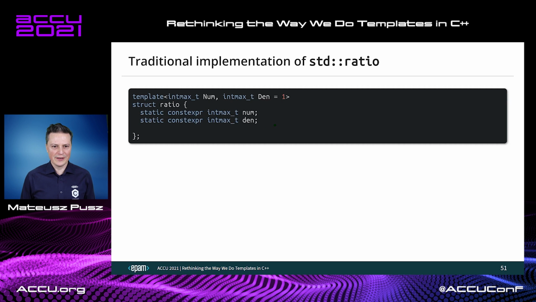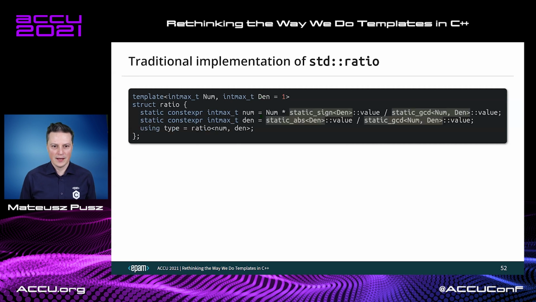However, they are not exposed directly, because you want to make sure that, for example, ratio of 1 and 2 is the same as ratio of 2 and 4, right? So numerator and denominator are provided with some additional calculations involving, for example, greatest common divisor, to make sure that you are simplifying this ratio to the same form, no matter what numerator and denominator were provided.